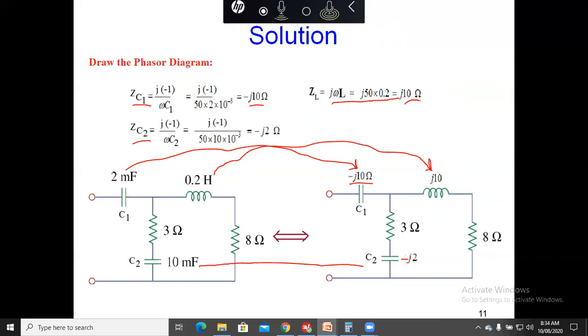So now this is one impedance which is in complex form, and this is another impedance which is in complex form, so we have the frequency domain representation.